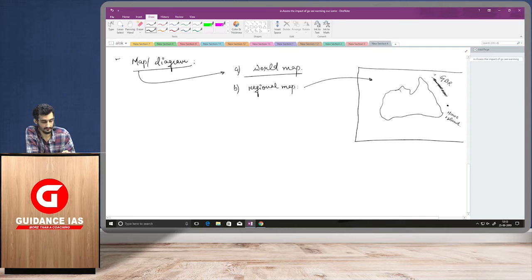So it is found that around 50% of coral reefs were destroyed in the last 27 years, and in the southernmost part beyond the Great Barrier Reef, there is an island called Howe Island, where around 80 to 90% of corals are destroyed.